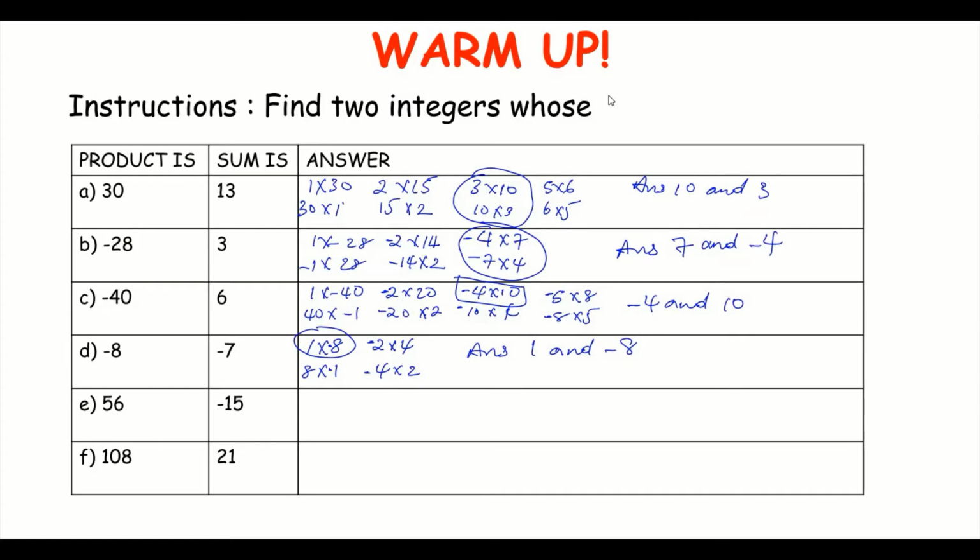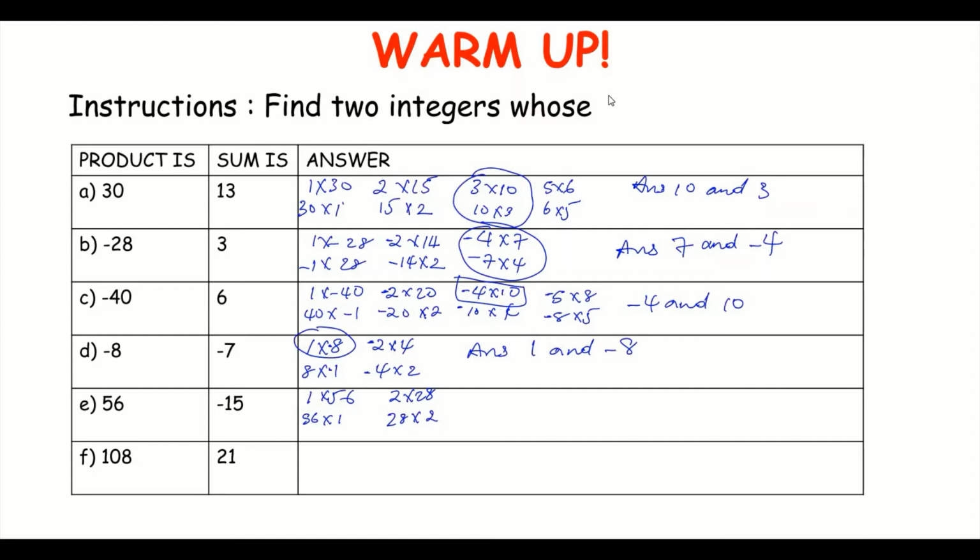Now our next one, 56. Now 56 is what? Let's start with our basic 1. 1 times 56 and 56 times 1. Next we're looking for, let's try 2. 2 times 28, 28 times 2.